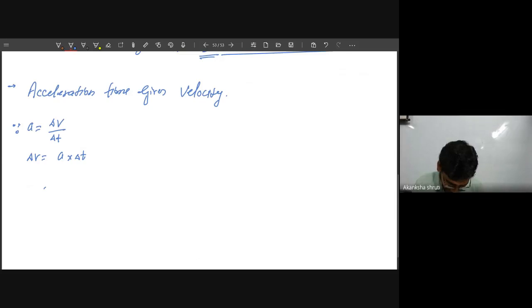Therefore, if we have this plot, on the horizontal axis time is there, on the vertical axis the acceleration is there. So this is the horizontal axis, on which we have plotted T. This is the time of observation.